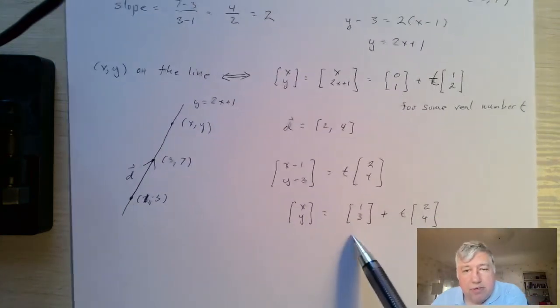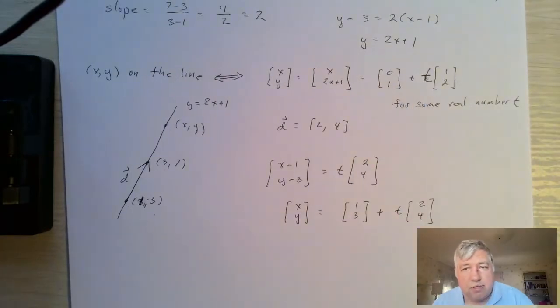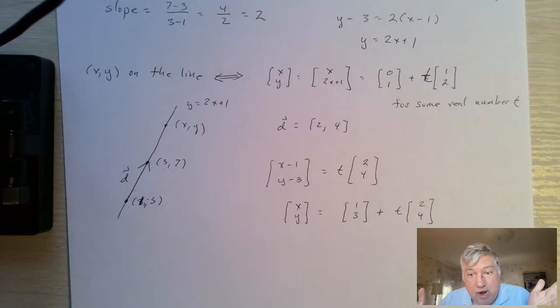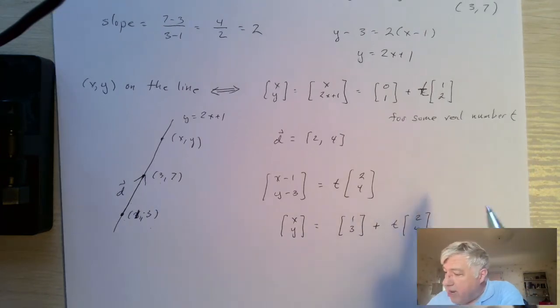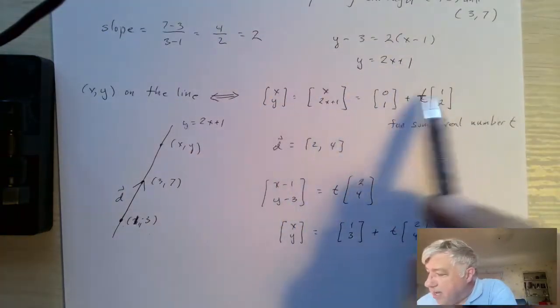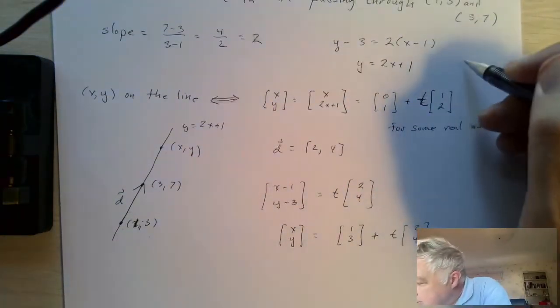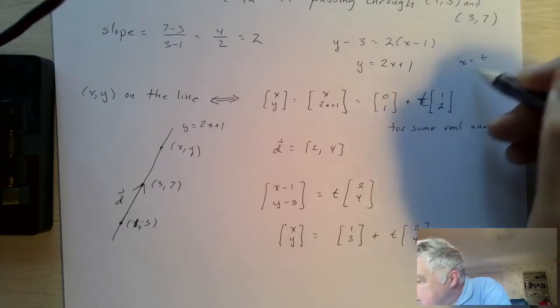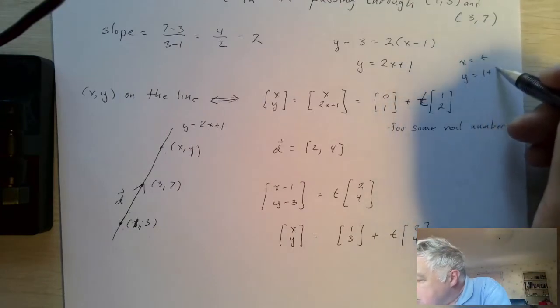Now, compare this equation and this equation. They determine the same line, but we just have a different parameterization. That's what the parameter is. Notice that over here, we can expand this out to get two equations from this vector: x equals t, y equals 1 plus 2t.